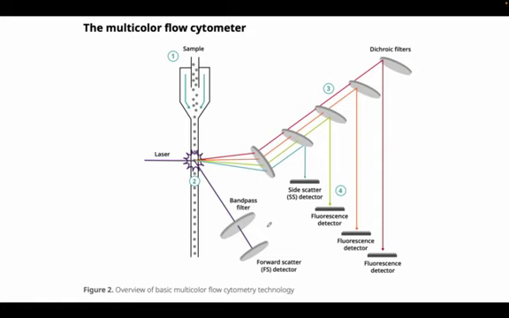So as we mentioned, we can look at multiple properties of the cells using a flow cytometer. So here we have a sample coming, encountering the laser. So here you can see we can detect various scattering from the cells. We can look at something called forward scatter. We can look at something called side scatter. We can also have various fluorescence detectors. So these are various fluorescence channels separated by dichroic mirrors.